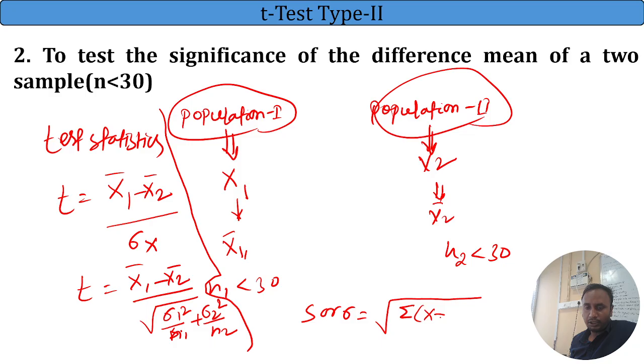But here it is going to be summation of x1 minus x1 bar plus summation of x2 minus x2 bar, upon n1 plus n2 minus 2. This is the formula for standard deviation actually.